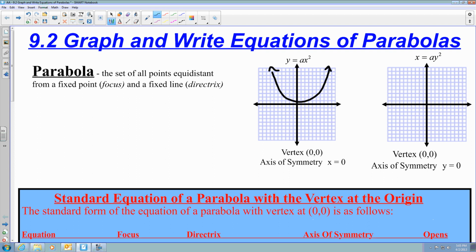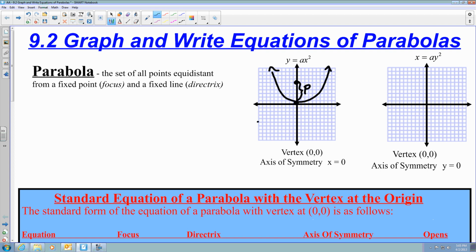What that definition means is that we have a point, say 0, 0, which is my vertex of the parabola. The focus is a point that's also on the same line as the vertex, so the point would be located somewhere here, and they usually denote it by its distance p. And then it also says that it's equidistant from a fixed line, which is called the directrix.